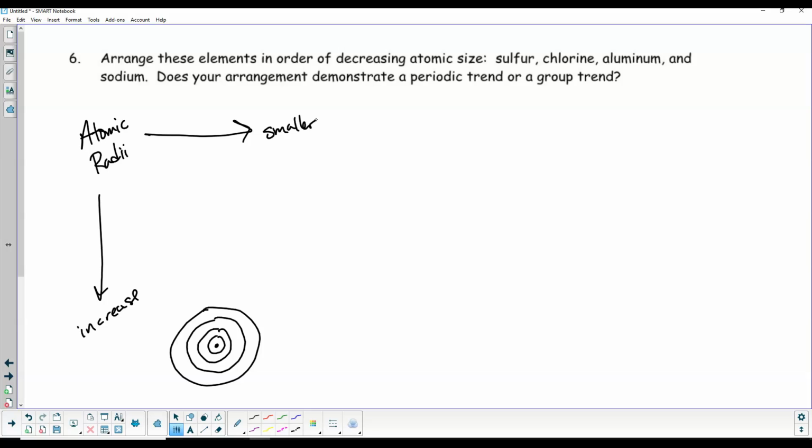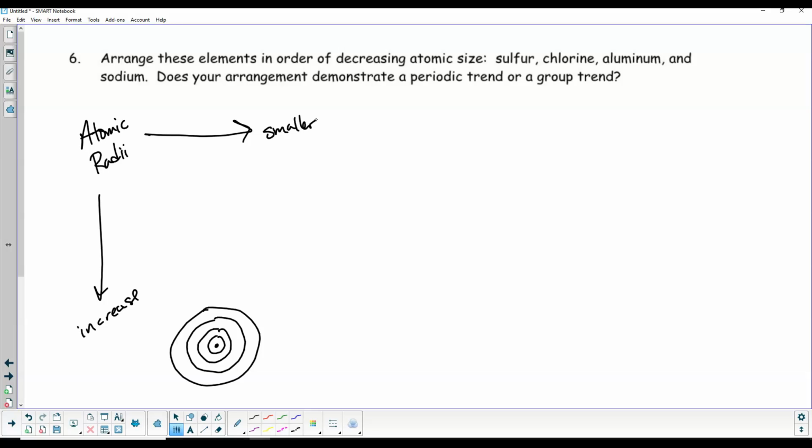As you go across a period from left to right, the atomic number increases. That means you have more protons, which means you have more electrons, which means you have more neutrons. And usually when you add more stuff, things get bigger. However, going left to right across the period, they get smaller. The reason for this is that the number of protons is increasing. They have a larger centralized positive charge. They pull the electrons closer to the nucleus. And so left to right, they get smaller.